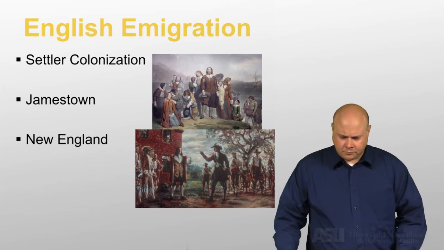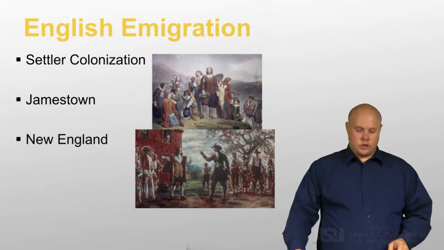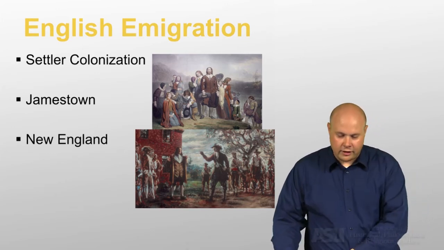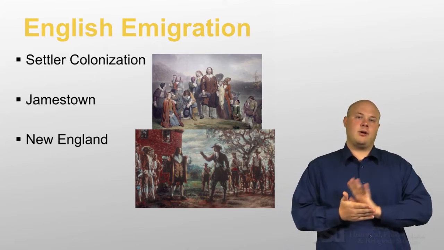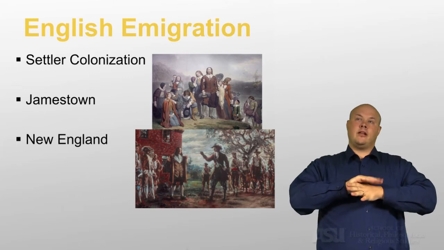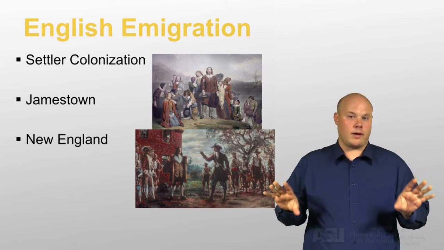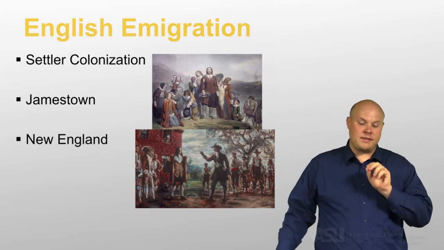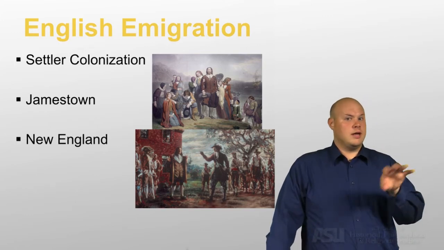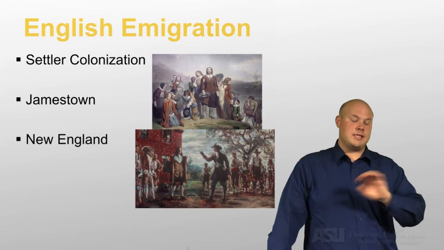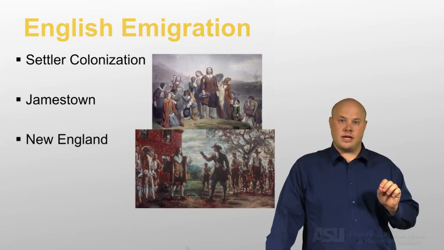We have two main ethos of English immigration: immigration into Jamestown and immigration into New England. Now, English immigration is obviously far more complex than this. What sets English immigration apart from French, Dutch, and Spanish immigration is this idea of settler colonization.